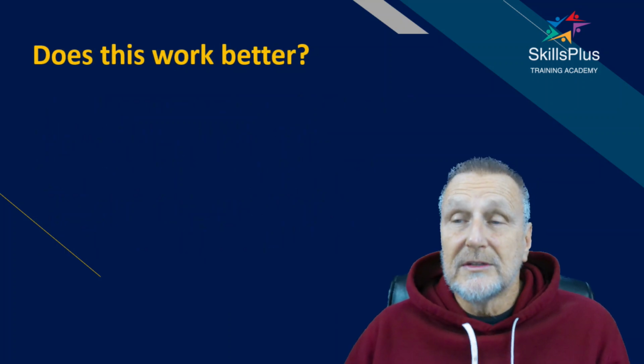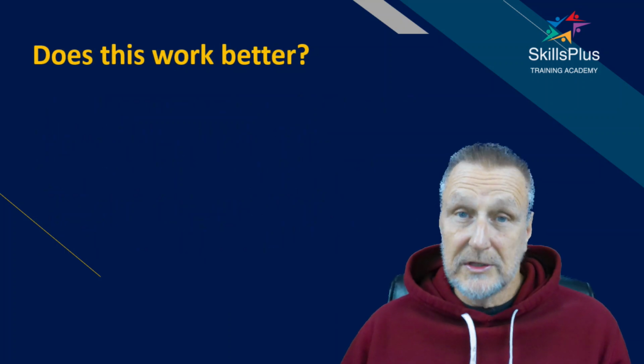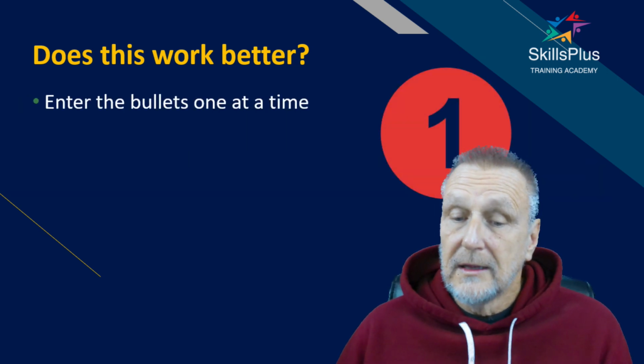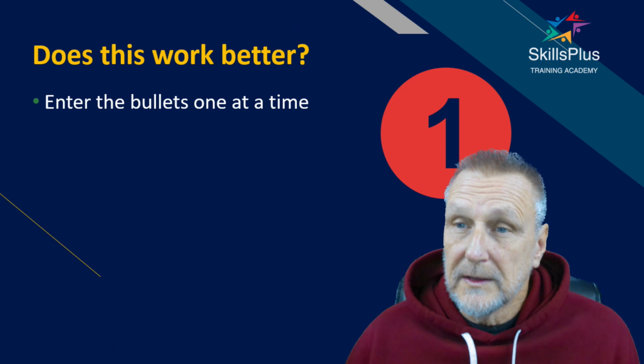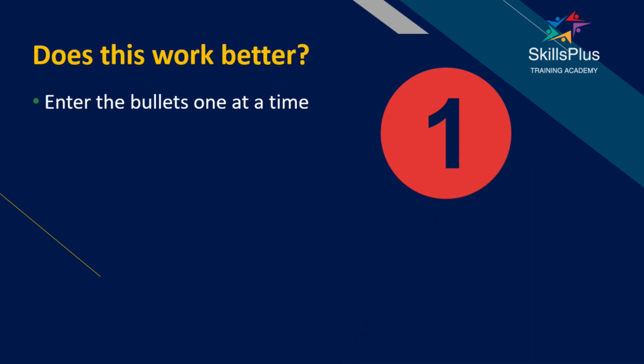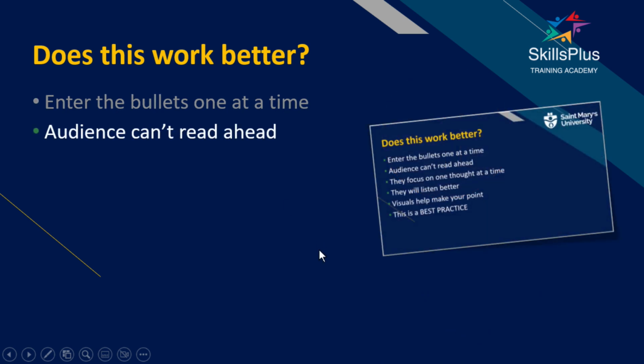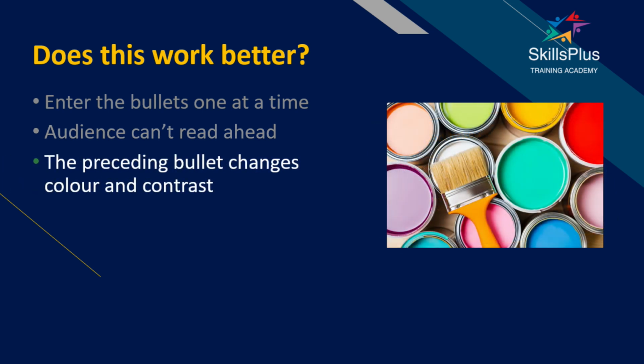This typically works much better. This is the opposite of what we saw before. And I'll turn my camera off for 1 second here so you can see the full effect of this slide. So you enter the bullets one at a time, so the audience can't read ahead. There's only a limited amount of content on the screen, and you bring up each bullet as you want to speak to them.